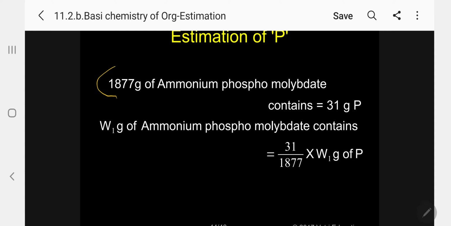This is the molecular weight of ammonium phosphomolybdate, you have to keep it in mind, memorize, there is no other way. 1877 grams of ammonium phosphomolybdate contains 31 grams of phosphorus, the atomic weight of phosphorus being 31. So W1 grams of ammonium phosphomolybdate contains 31 divided by 1877 into W1 by W.